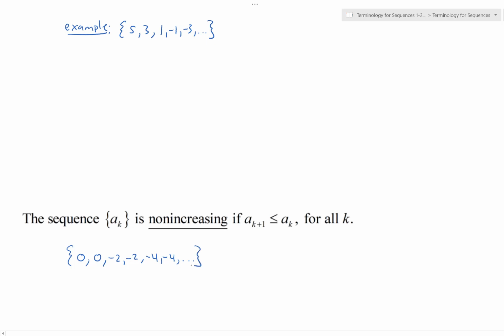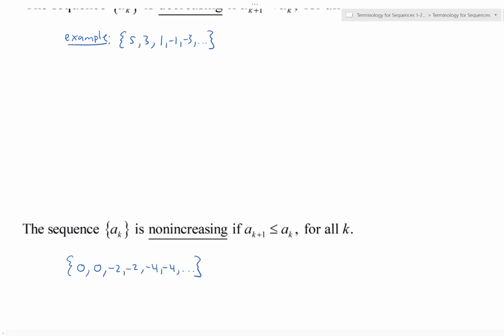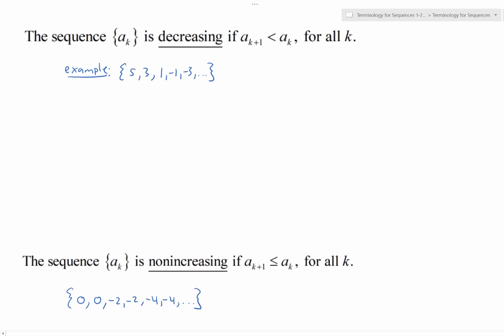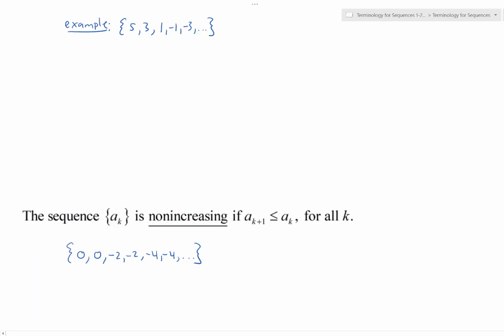Here, each next term is either equal to or smaller than the previous term. Again, it's very similar to decreasing, except in decreasing, each next term has to be strictly smaller than the previous term. So we got increasing and non-decreasing that are similar, then we got decreasing and non-increasing that are similar.